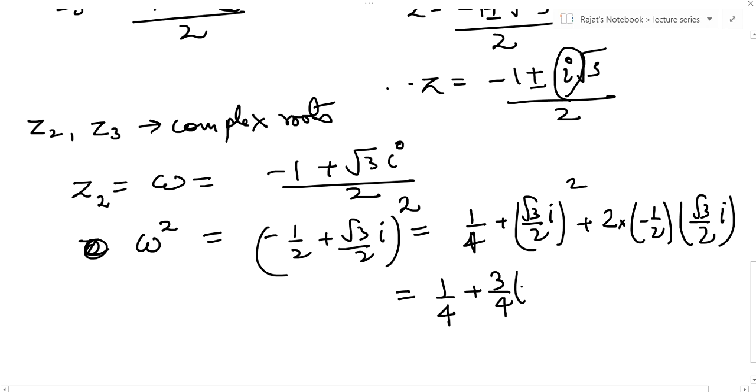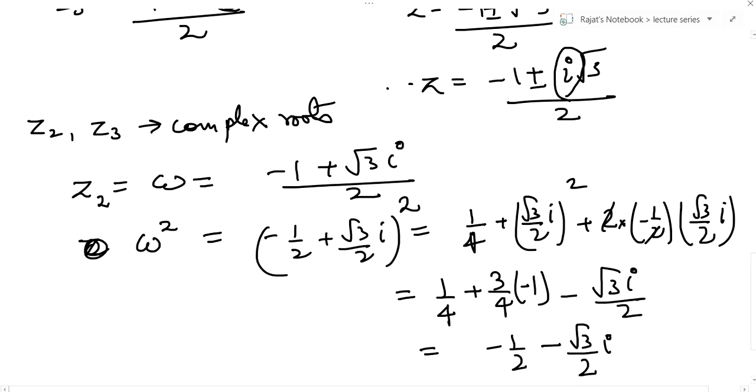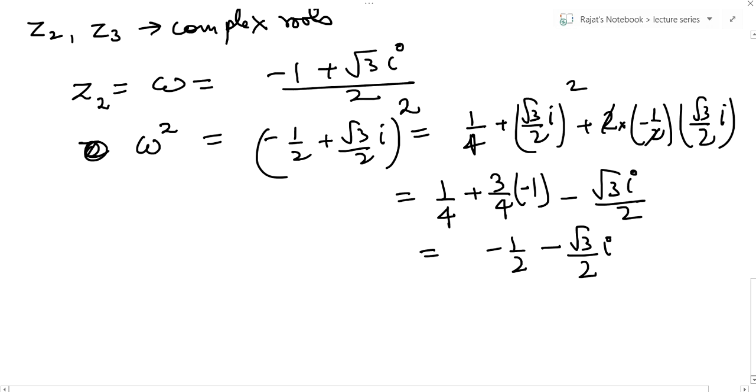This will be 3 by 4 into minus 1, since i square is minus 1, and this 2 cancels out, minus root 3i by 2. If you solve it, you will get minus half minus root 3i by 2. And behold, this was nothing but z3.